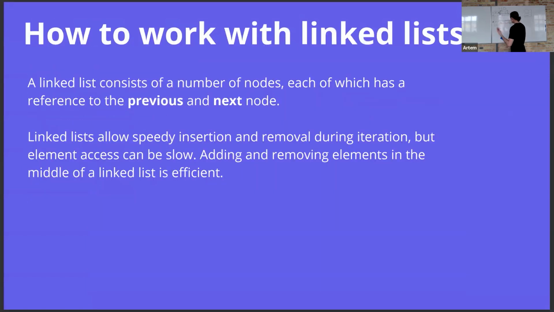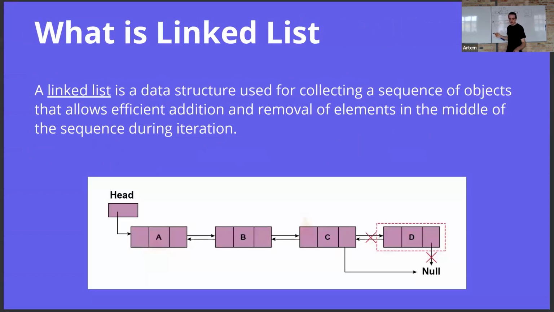So what are the advantages of linked list? We already saw that this data structure allows efficient adding and removal of elements in the middle of the sequence. What does it mean?